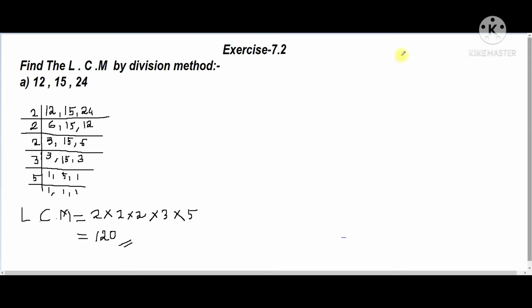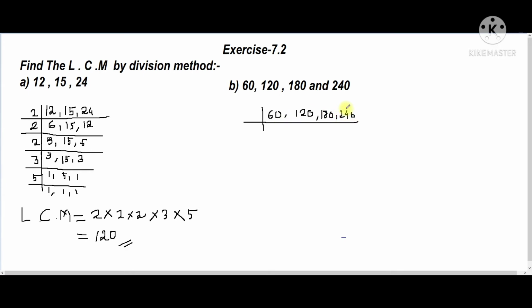So I'll show you the next example. Here you see the question, example B: 60, 120, 180 and 240 are written. We'll divide these numbers, right? First we'll write like that. First, you see all of them are even numbers, so try to divide by 2.